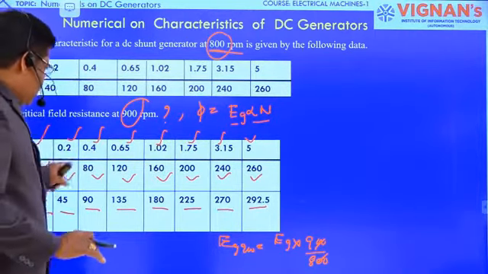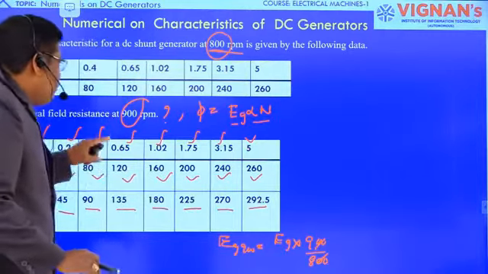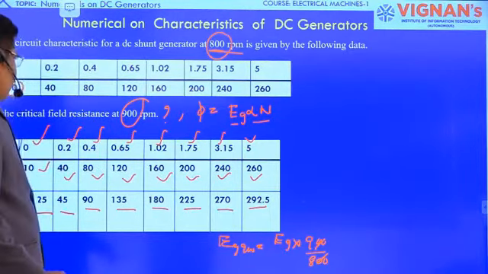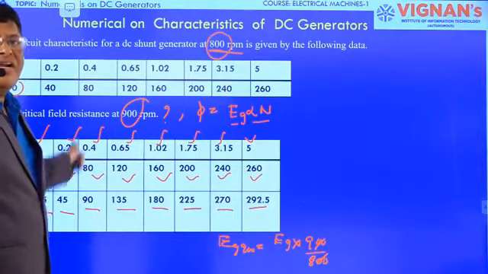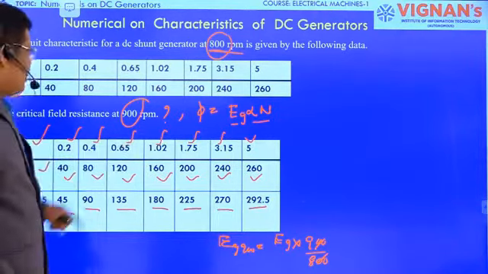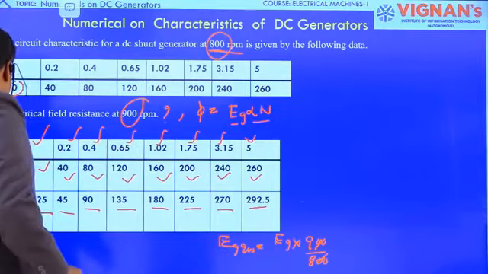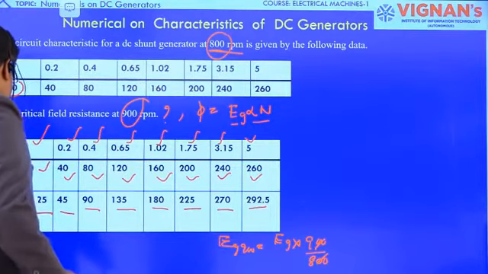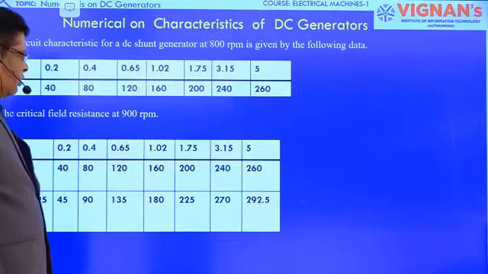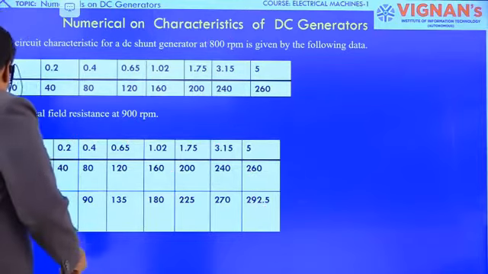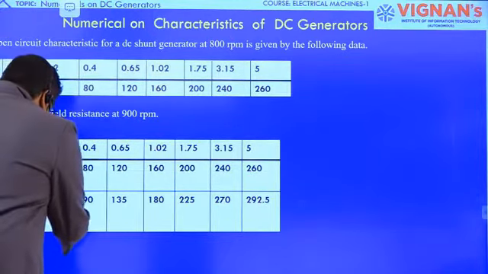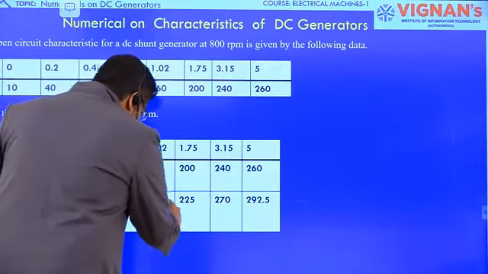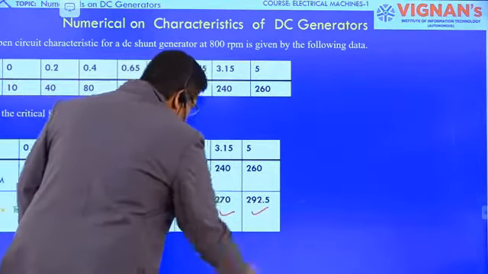See, these voltages are nothing but the voltages induced in a generator when it is running at 900 RPM. In that manner, we have calculated all these values.